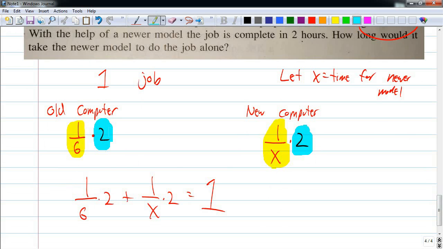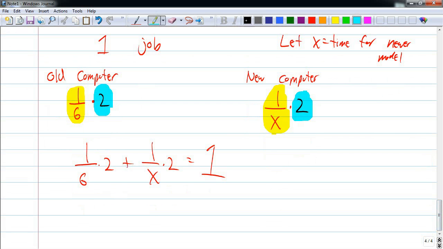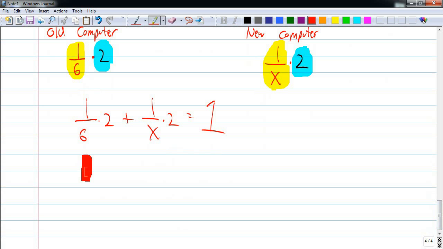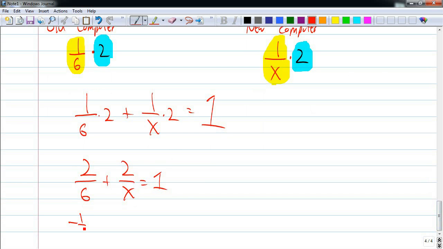So working this out, I'm going to get 2/6 plus 2 over x equals 1. This is going to simplify to be 1/3. So I'm going to subtract 1/3 from each side.